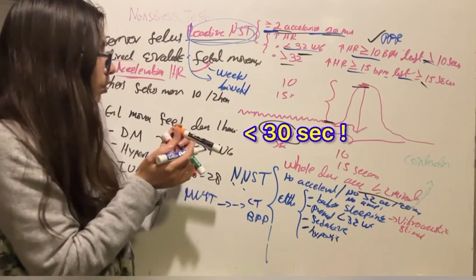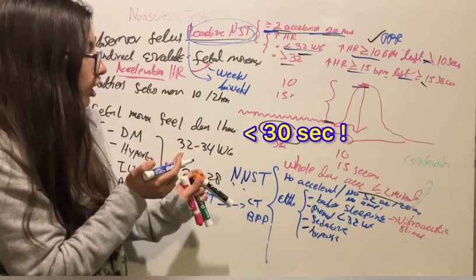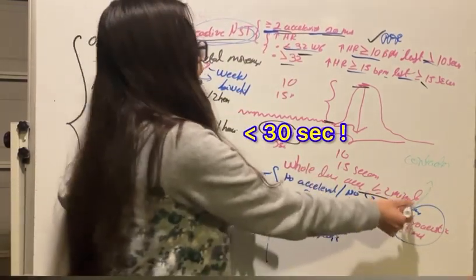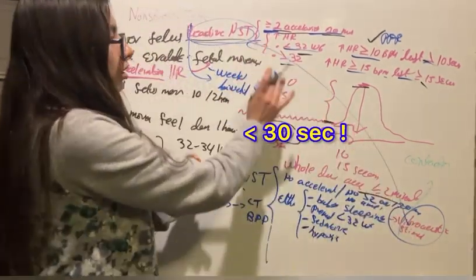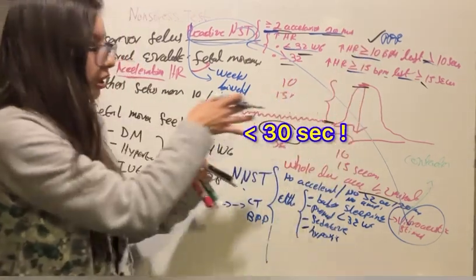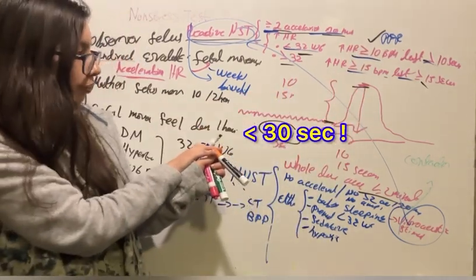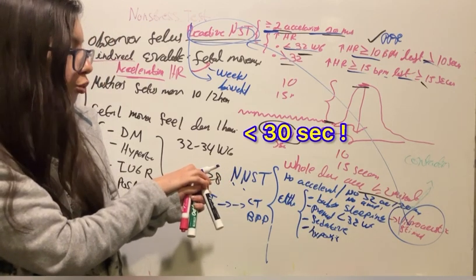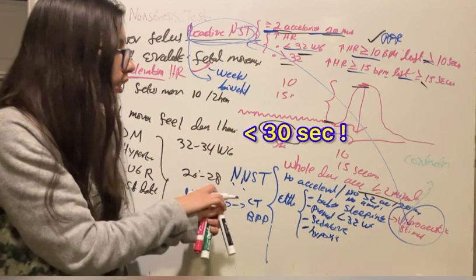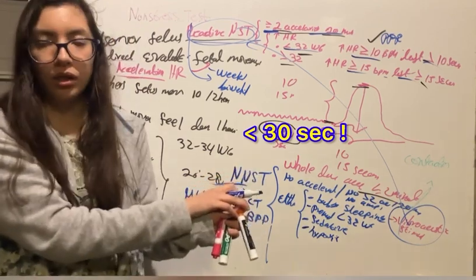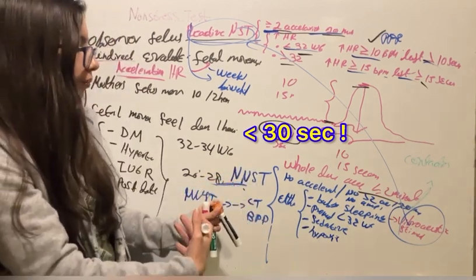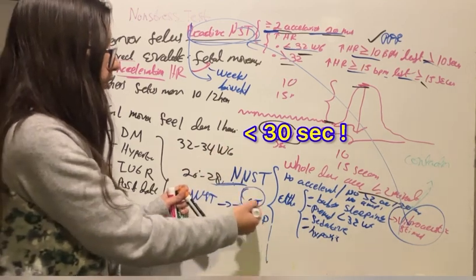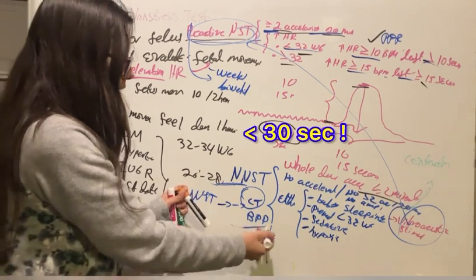But if the non-stress test was not reactive, then we do vibroacoustic stimulation, and if this returns a reactive test, so the same, we repeat the non-stress test in a week or so. But if after vibroacoustic stimulation we still have a non-reactive non-stress test, we confirm or evaluate this with contraction stress test and biophysical profile.